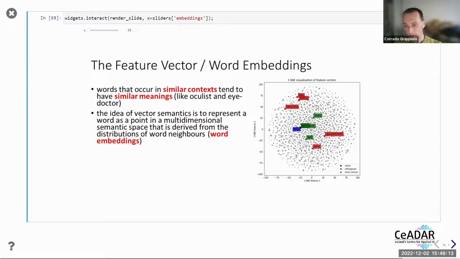This is a representation of the vectors of the neural network that we trained before. Remember that the feature vector of the network that we trained before has dimensionality of 20, so 20 values to represent one word. And this type of visualization is achieved by an algorithm called t-SNE. It's a sort of dimensionality reduction that squeezes these 20-dimensional feature vectors into 2-dimensional vectors.